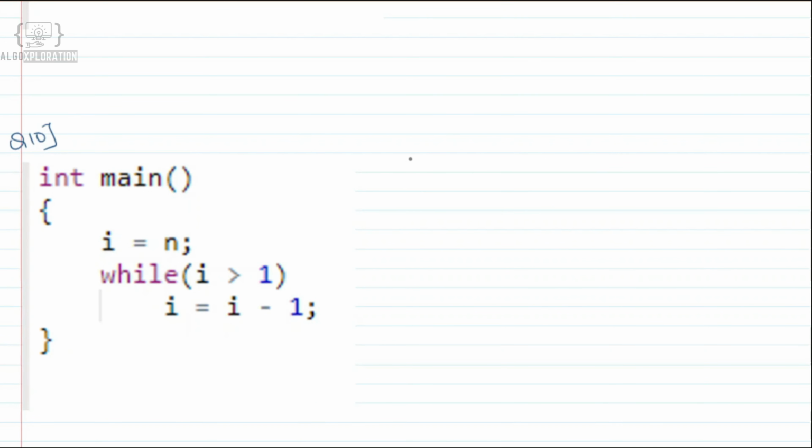Here initially the i value is n and we want to check whether i is greater than 1 or not. Let's say n is 5, so i will be 5. Is 5 greater than 1? Yes, it is.